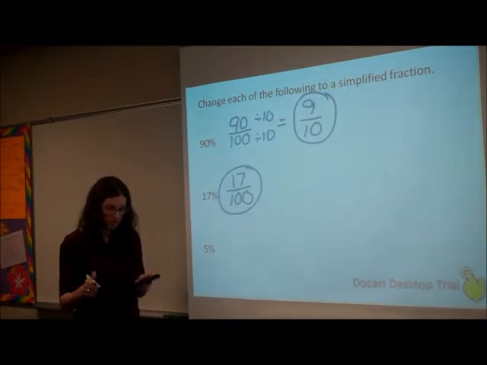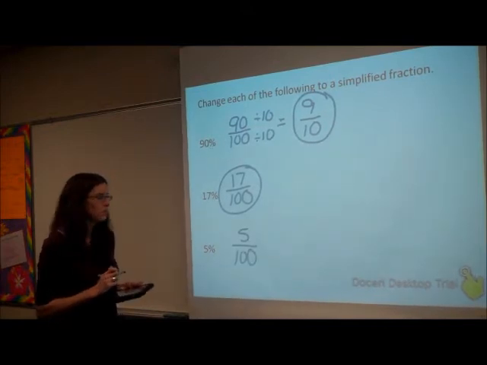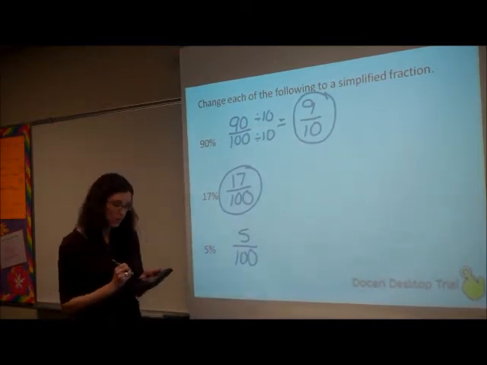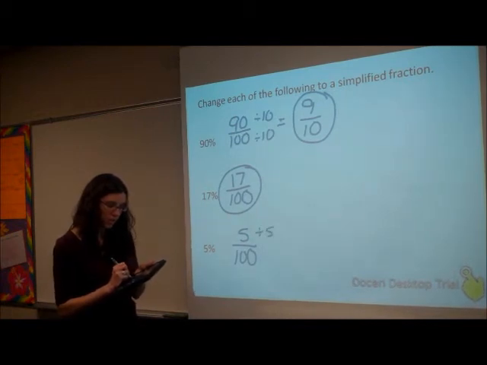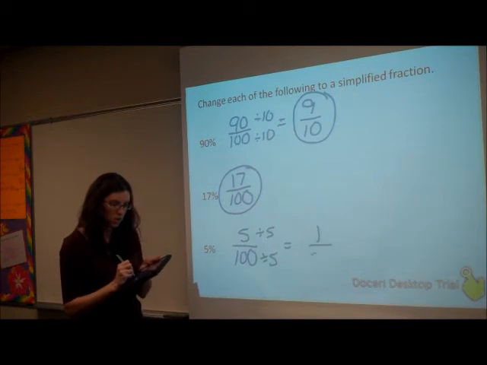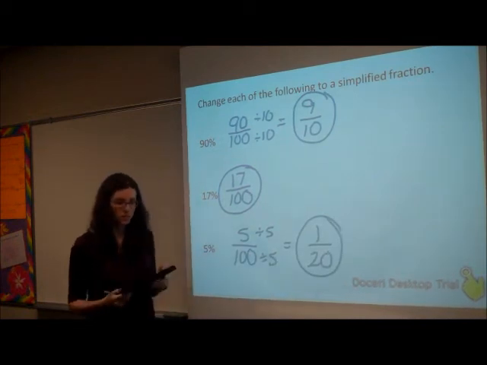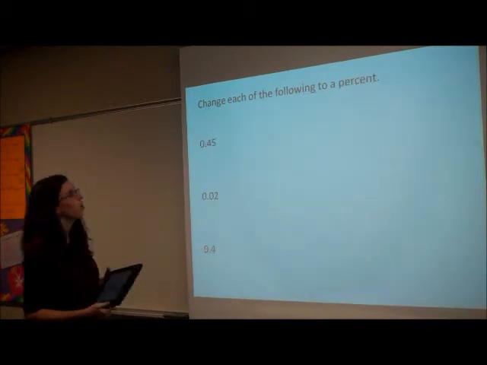With 5%, again, we want 5 over 100. Then to simplify, we can divide each of these by 5. Dividing by 5, we get 1 over 20. So that's our simplified fraction. Okay, going on to the next one.